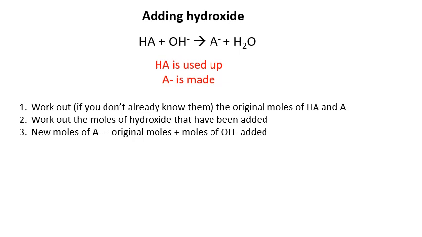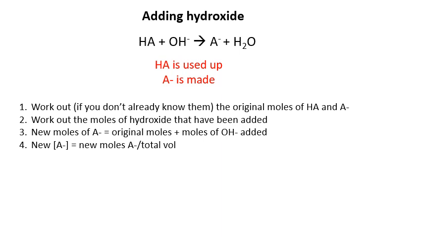You then need to convert that to a concentration. So you just divide your new A- by the total volume. Just watch out for that total volume. Make sure you take into account the volumes of everything that's been added together here. So that includes the volume of any hydroxide that was added. So you now know your new A- concentration.